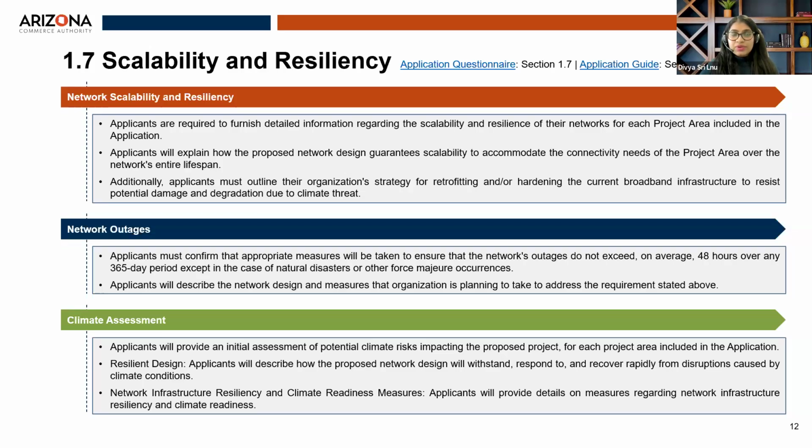Following that, the applicants will be required to provide any network resiliency climate readiness assessment that the organization has undertaken in terms of identifying risk and having any processes, plans, or procedures in place for withstanding these kinds of climate threats, and also planning mitigation plans to address all of them.